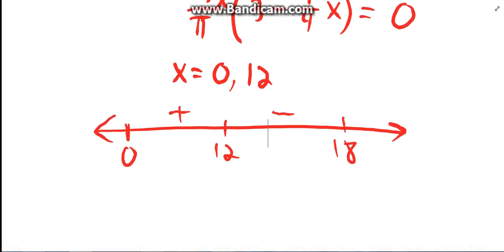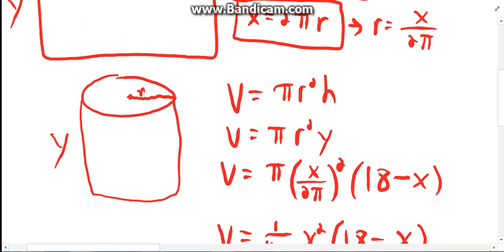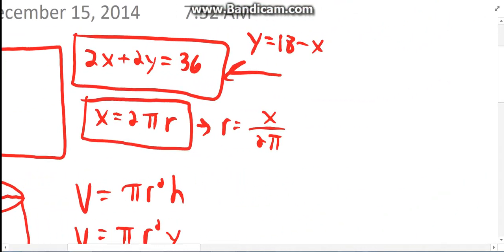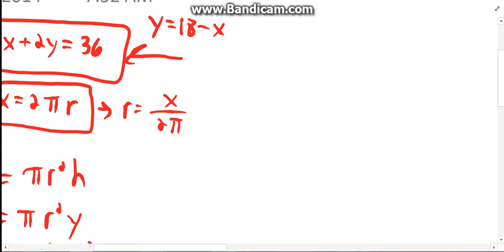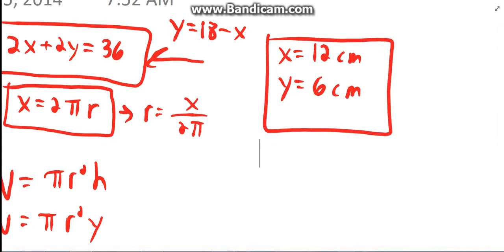Which means the graph of volume is going up and then down, and it's maximized when x is 12. This question says, what values of x and y give the largest volume? So we want x to be 12, and we want y to be 6, because of that equation right there on the screen. So x is 12, y is 6, and they're both in centimeters. Remember your units. Okay.